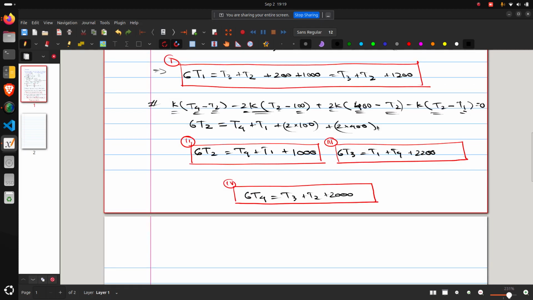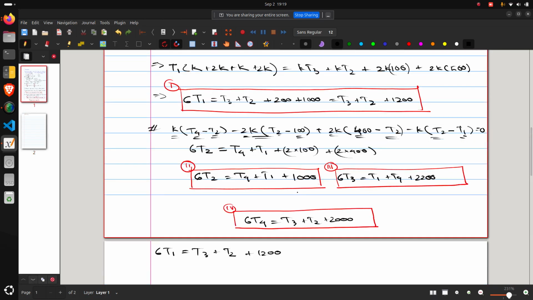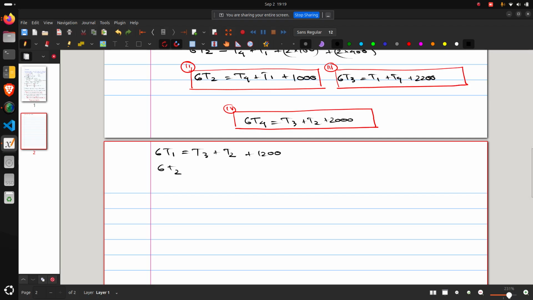Now that we have all these equations, let me write them down together. 6T1 equals T3 plus T2 plus 1200, 6T2 is T4 plus T1 plus 1000, 6T3, then 6T4 equals T3 plus T2 plus 2000.